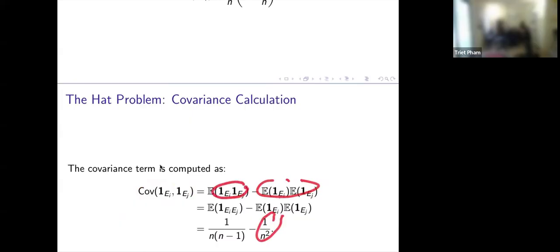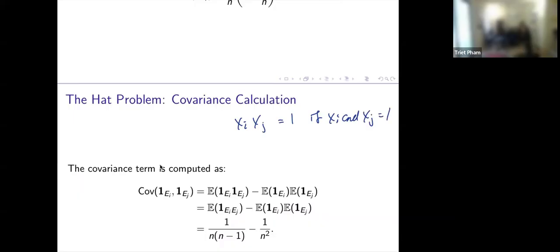Let's explain this. One thing you want to note is the product of indicators. If you multiply two indicator functions, you get the indicator of the intersection. Why is that true? Xi times Xj is only 1 if Xi and Xj are both equal to 1, and 0 otherwise.